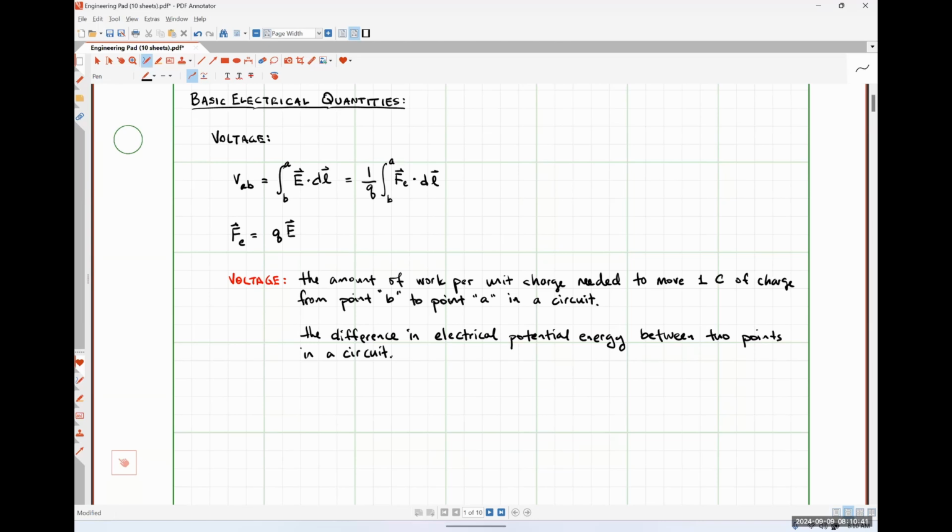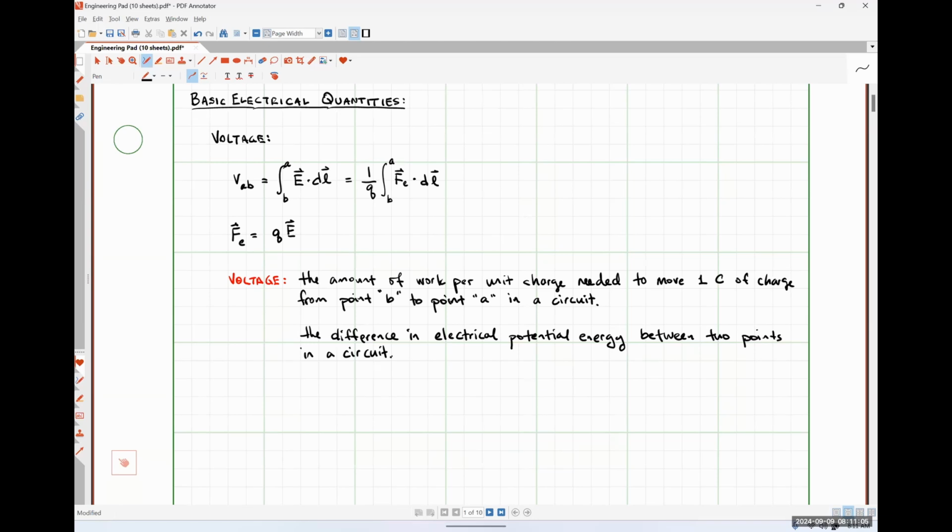That's exactly how they work. So this isn't anything remotely new. You have actually been applying this definition of voltage every time you've used the voltage setting on your multimeter for the last year or more.